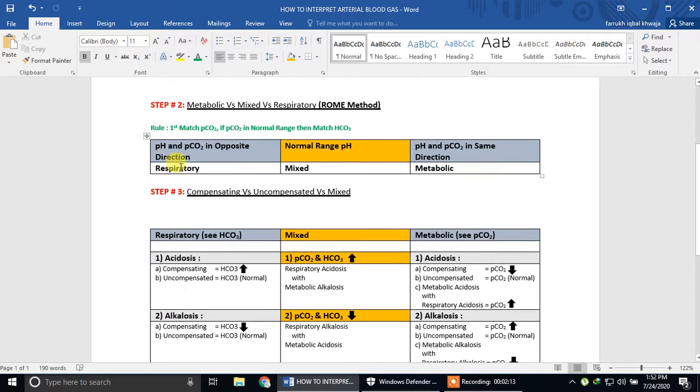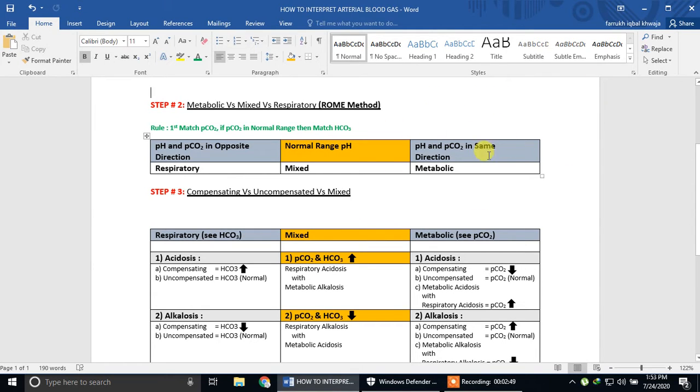Then let's continue. First you match the pH and the partial pressure of carbon dioxide. If the pH and the partial pressure of carbon dioxide are in opposite directions, one increasing and the other decreasing, then it's a respiratory problem. The lung is the main culprit. On the other hand, if the pH and carbon dioxide are in the same direction, both increasing or both decreasing, then it is a metabolic problem.